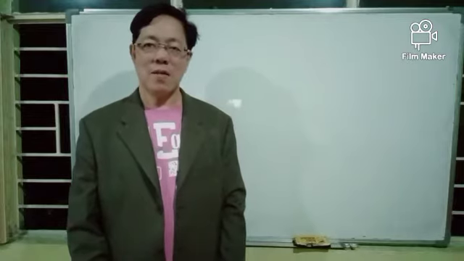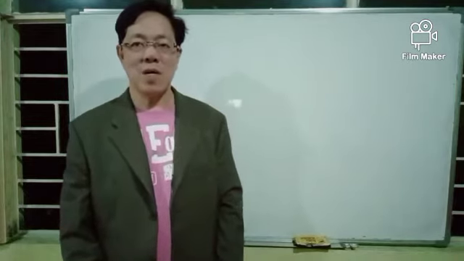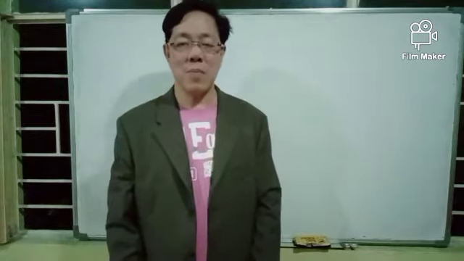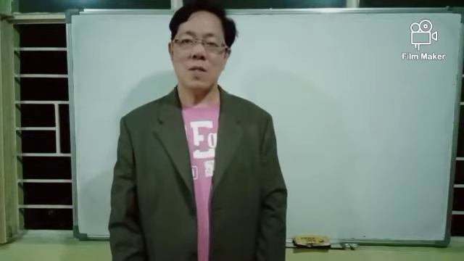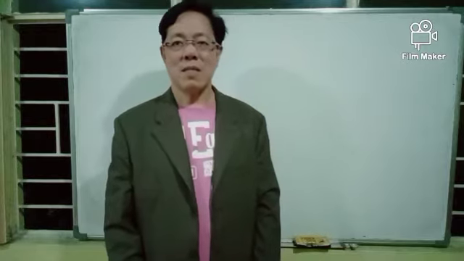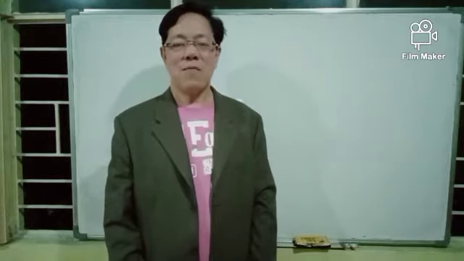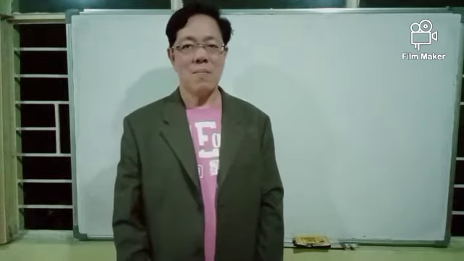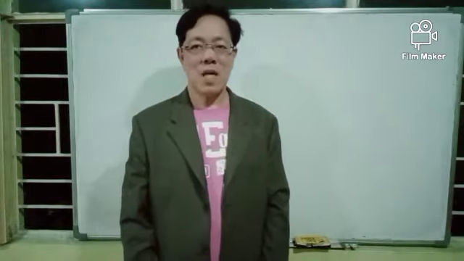We have taken the first of the three measures of central tendency, the mean, also known as arithmetic mean. And we have also taken some types of means, including geometric mean, harmonic mean, weighted mean, and combined mean.